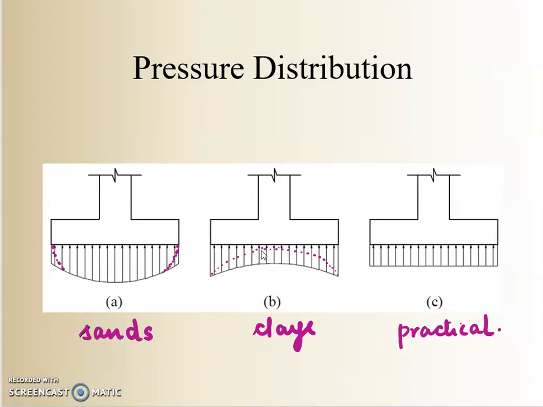So basically, we are being oversafe. If we are dealing with sands, we are oversafe at the edges because actually contact pressure at the edges is zero. If you look at this, it is maximum, nearly the same as what is there at the center. And if we are dealing with clays, then we are being oversafe at the center. So actually for clays at the center it is way less, but we are considering more. So this is actually an oversafe assumption.